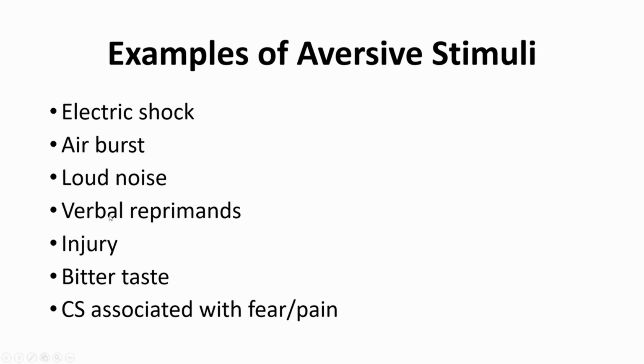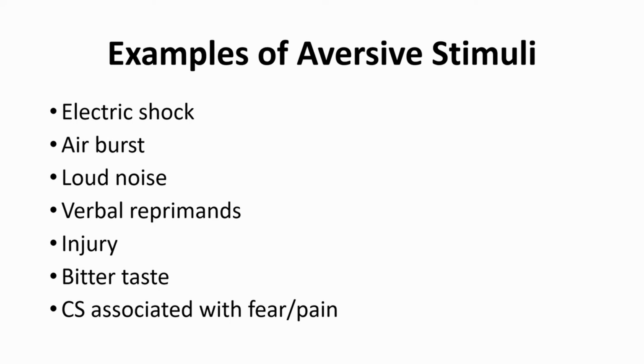We could have verbal reprimands as aversive stimuli. Maybe a parent scolding a child would fall under this category. There are more extreme examples, things like injury, where you're causing physical harm. Obviously, that is not a good thing to use when you're trying to set up or modify behaviors, but it does happen. Less intensive, you could use something like a bitter taste, something that's, again, unpleasant but not harming or damaging.